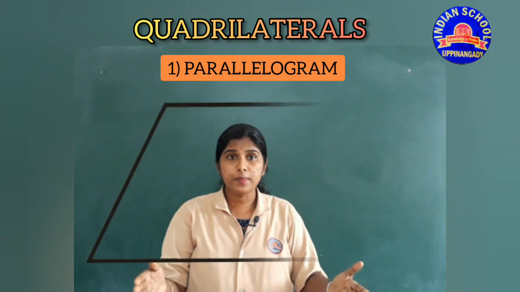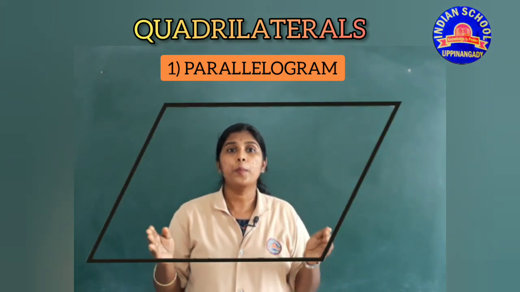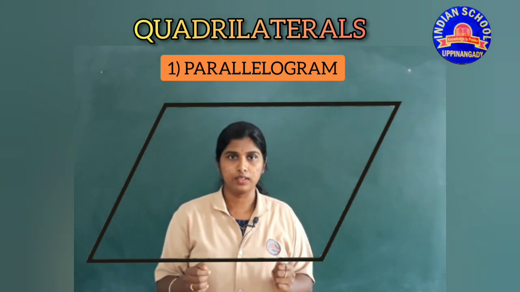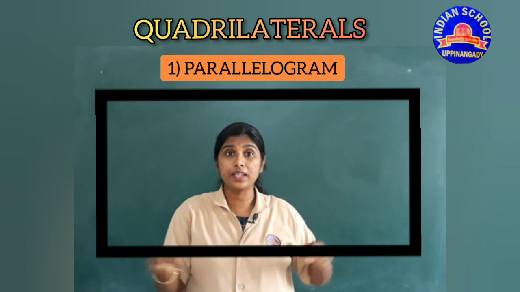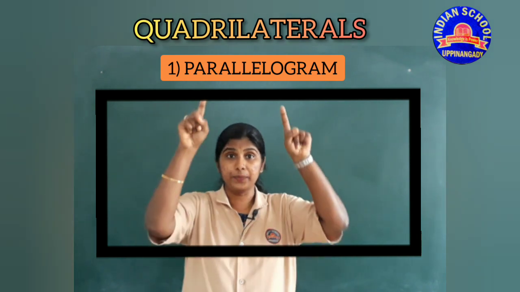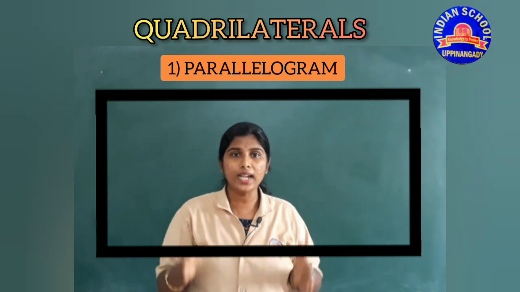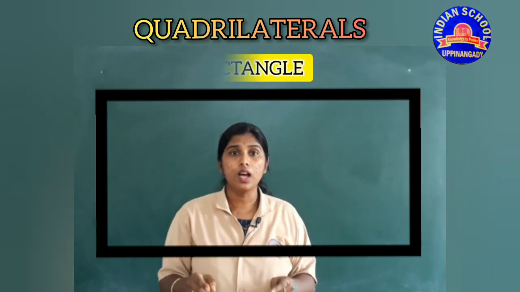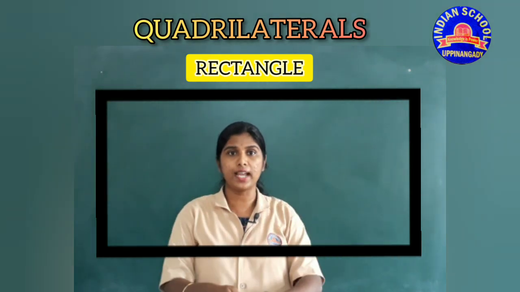Now observe this parallelogram. Here I am going to make some modification in such a way that all of its angles become 90 degrees. So that figure, that quadrilateral, becomes a rectangle. So we know the shape of a rectangle.